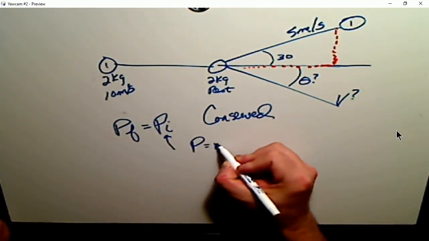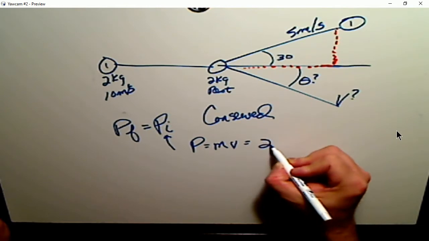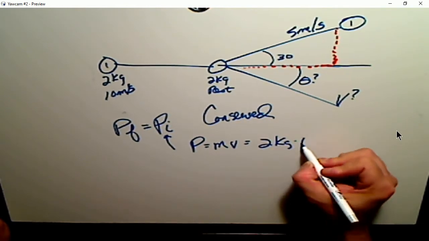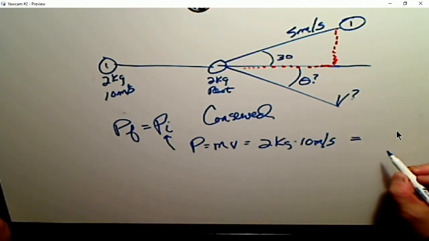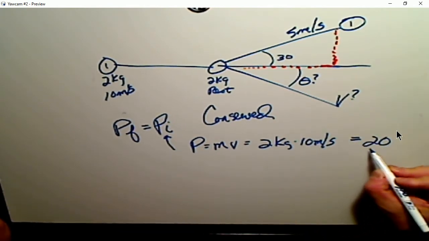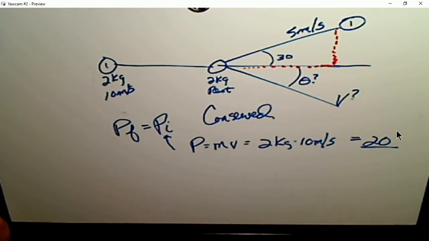P equals mv, 2 kilograms times 10 meters per second gives me, of course, 20 kilogram meters per second.